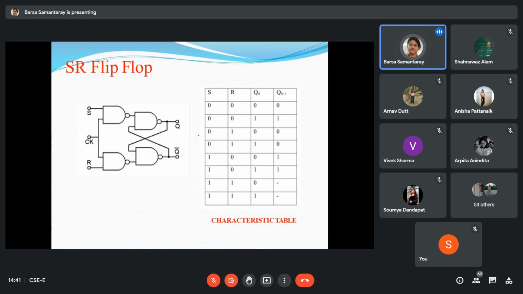How can you define that one? Can anybody tell what is the characteristic equation of a particular system? क्या होता है?